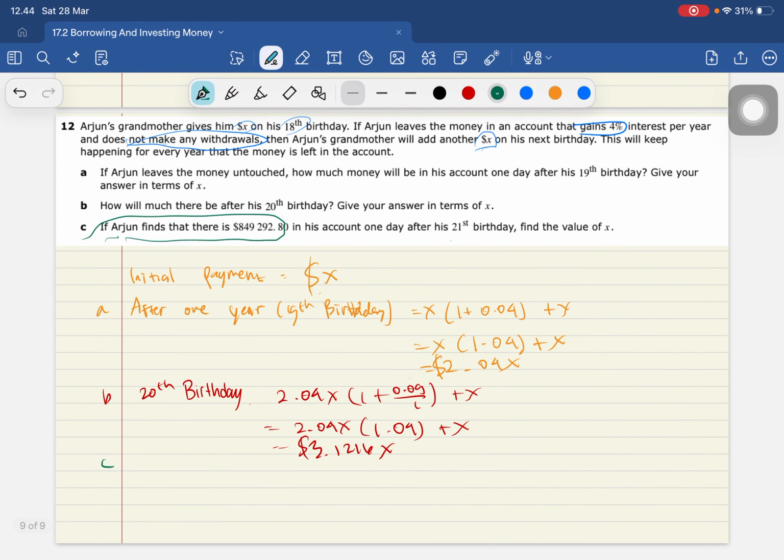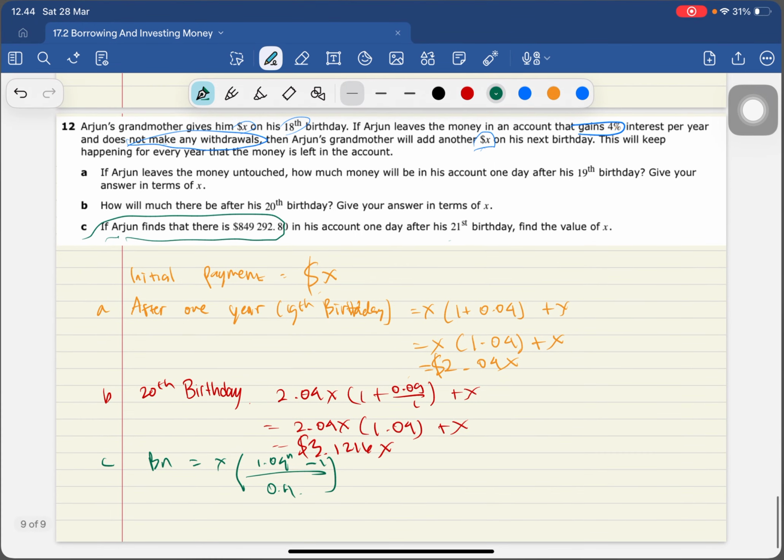So here is the formula for payments: Bn equals X, which we are looking for, times 1.04 to the power of n minus 1, divided by the rate 0.04.